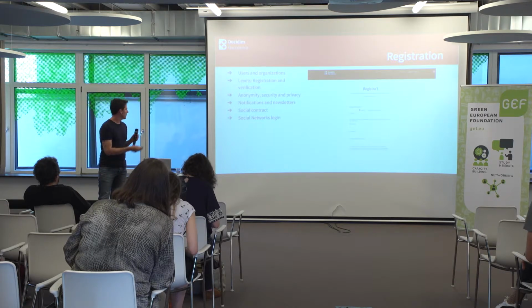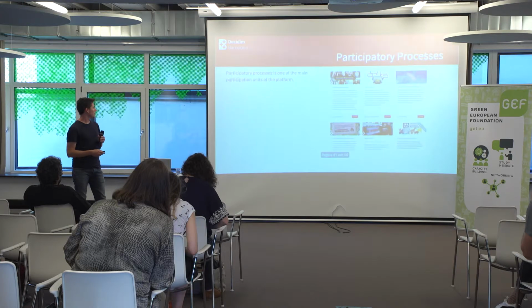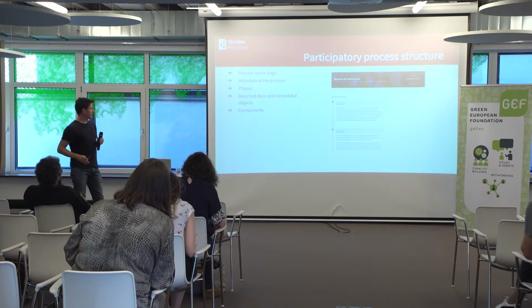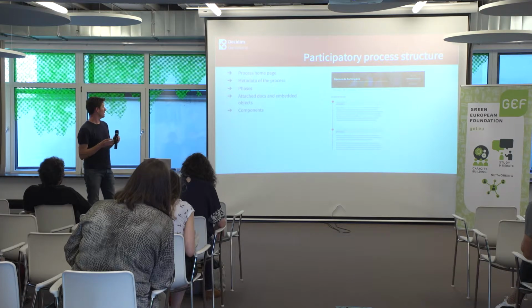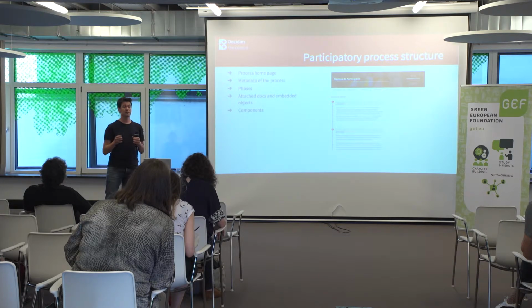And you can also register by social networks. We have different participatory processes, as Xabier has explained to you. And then how a participatory process is organized. We define the different phases that a participatory process has to have.